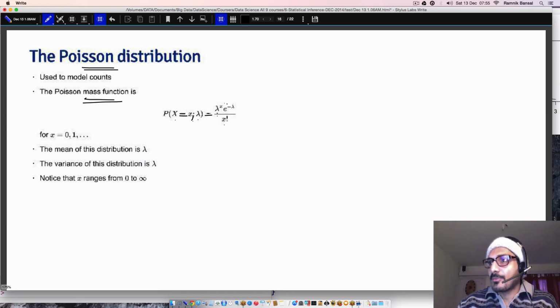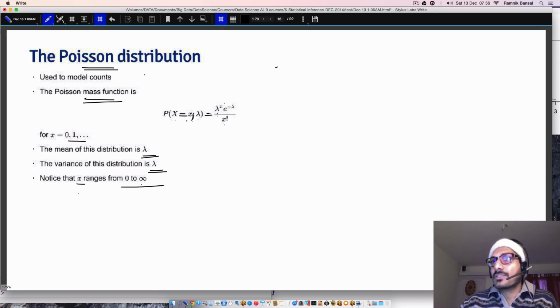For example, I can say how many people in 1 hour, given the average, which is given by lambda. And x is what I'm interested in finding, for x equal to 0, 1 and so on. What is interesting about the Poisson distribution is that the mean and the variance both are lambda. And x will range all the way from 0 to infinity, it doesn't go into minus, because there's no concept of minus factorial.